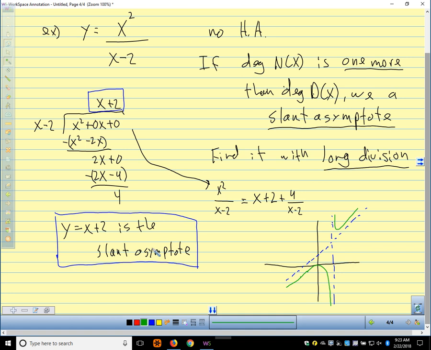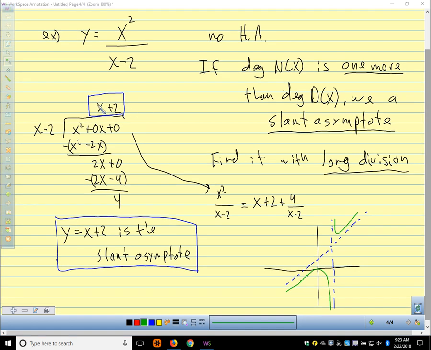So based on that, what would you guess happens if the numerator is 2 more than the denominator? When we do our long division, we would get an x squared here. We get a quadratic asymptote. And eventually, our function gets close to the side of a parabola. If it's 3 more, then we get a cubic asymptote.